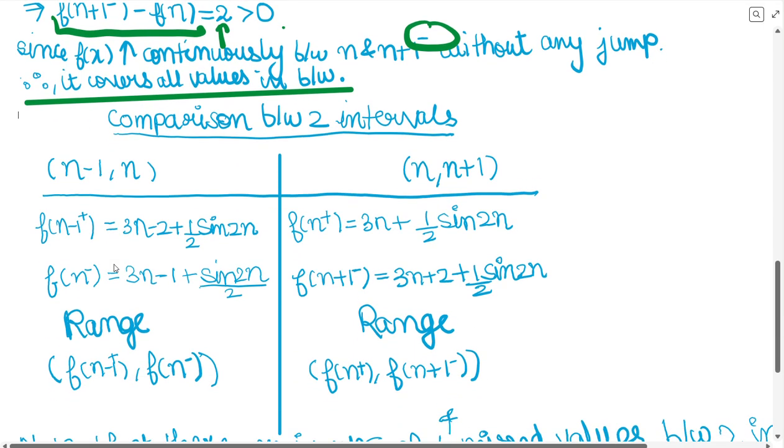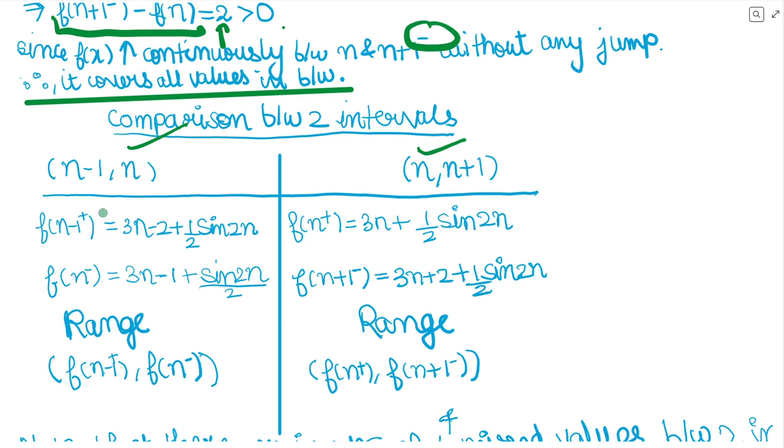Okay. So now we'll do something different. We'll take two consecutive intervals, one between n minus 1 and n, and another between n and n plus 1, right? We'll substitute both these into f(x) and see what their ranges are.